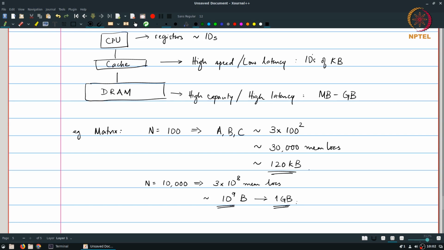So forget about 1 gigabyte. It is almost certainly impossible to store matrices of this size directly in the cache memory of your system. What that means is accessing the DRAM has to be done in a very planned and careful manner, so that you are able to go in bursts and read large chunks of data from the DRAM, store it into the local cache, make use of it, and then finally discard it when not necessary.